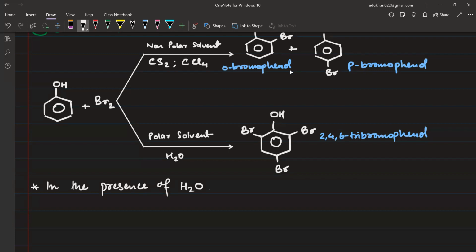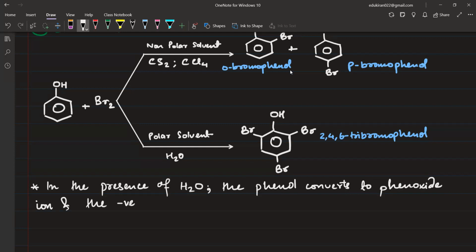H2O, the phenol converts to phenoxide ion, and the negative charge on oxygen activates the ring so much.